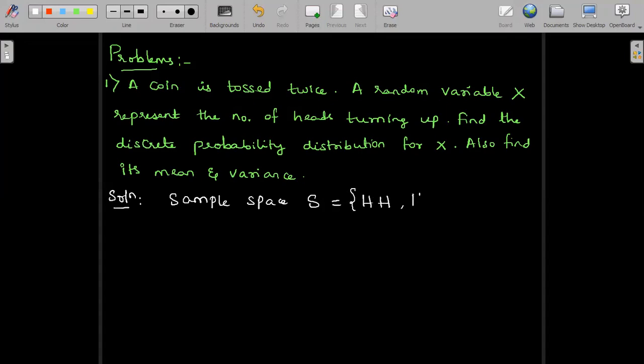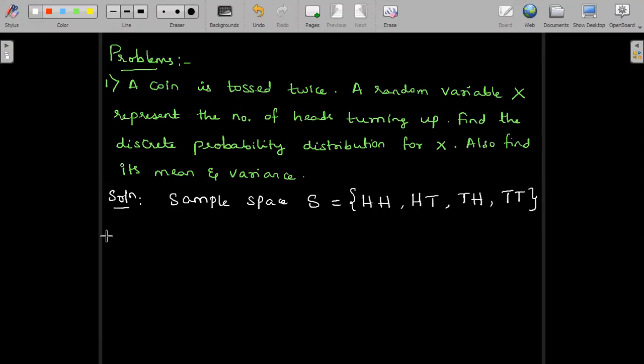Similarly, it might be HT, so head the first time and tail the second time. TH, first time tail and second time head. And lastly, TT, so both times a tail turns up. So this is the sample space. All possible outcomes should be written in the sample space.